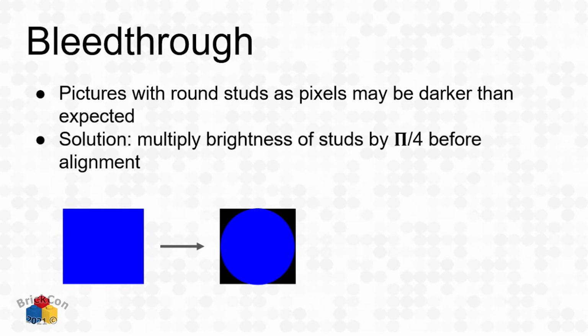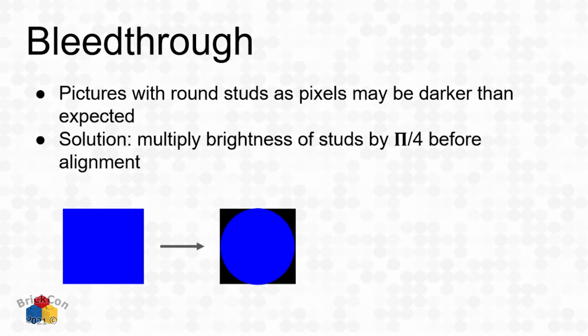And when this happened, a lot of Lego Mosaic software doesn't work that well, because if you code it the way I described earlier, you usually get a much darker image. Why is this? Because you have a black background, and if you have a round pixel, a lot of the background bleeds through. There's a really, really simple fix for this. All you need to do, before you align the color, is use math again, right?